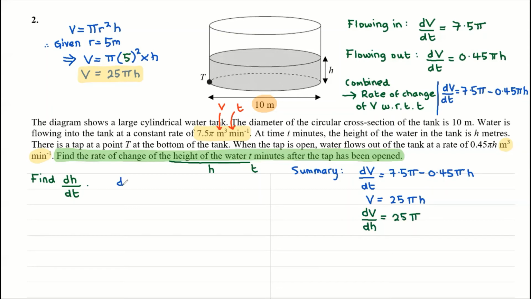Well, I really need to desperately have a dH on the top. Now, I can do that if I reciprocate the dV by dH, which I've got here. So if I reciprocate that, I can get the dH on top. So that's good. What else do I need? I need a dt on the bottom.